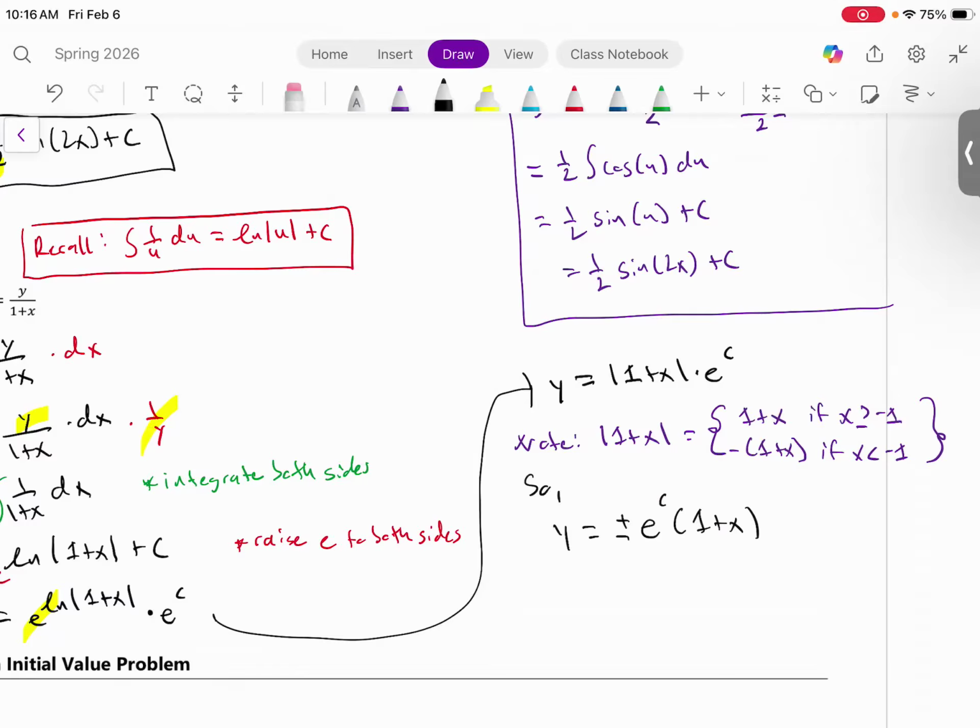And then e to the c, e raised to some constant is just some constant as well. That plus or minus e to the c is just some constant d. So our final answer, we could just write d times 1 plus x.